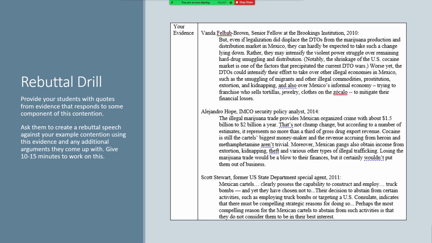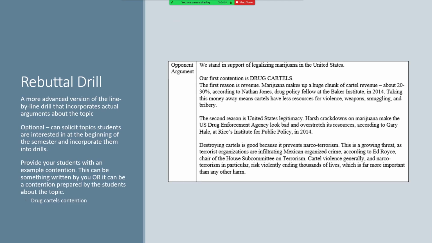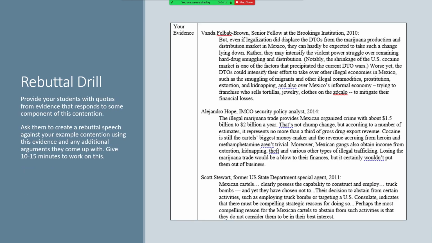So here, the premise of this contention is that legalizing marijuana would hurt drug cartels, and that would be good because drug cartels are bad. And these articles provide a response to this.